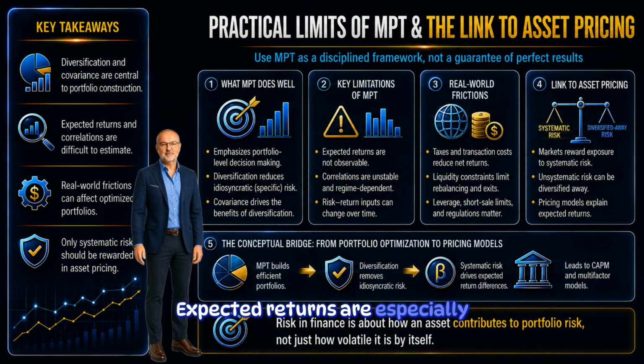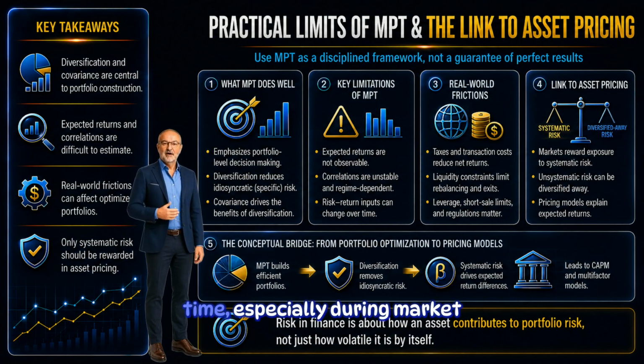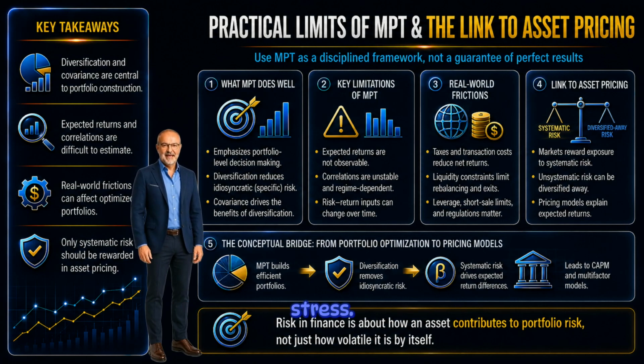Expected returns are especially difficult to estimate. Small changes in expected return assumptions can sometimes lead to large changes in optimized portfolio weights. Risk estimates can also change. Correlations can shift over time, especially during market stress. Assets that look diversified in normal conditions may become more closely related when markets are under pressure.